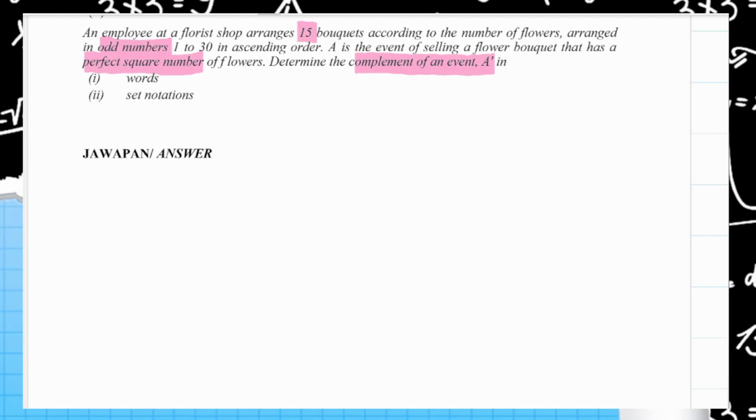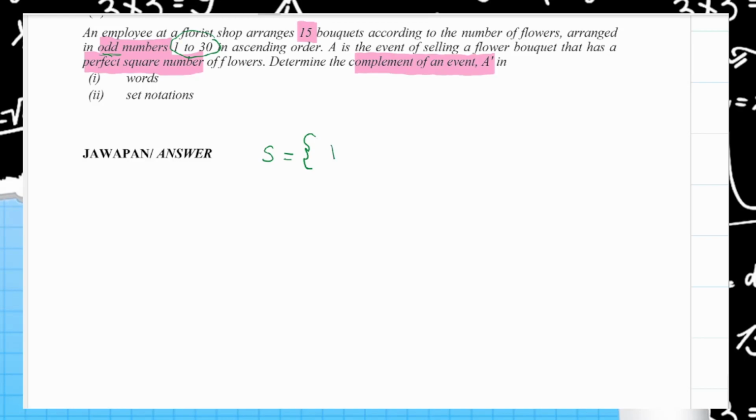First we have to find the sample space. Here we have to write the numbers from 1 to 30, but we only choose odd numbers.